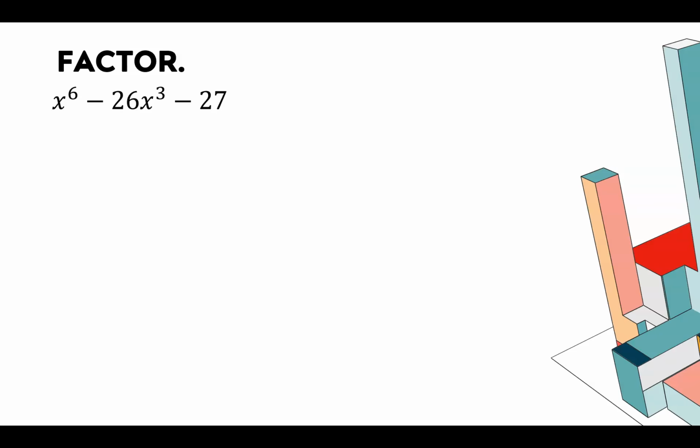Okay, so what do we see here on x to the 6th minus 26x cubed minus 27? There are a couple of ways to go, but what I see is x cubed, it's kind of like the last one.